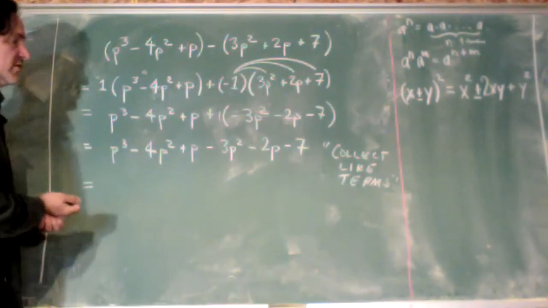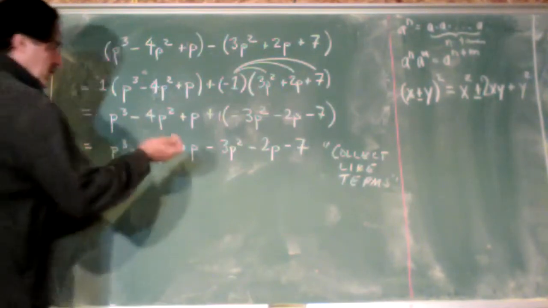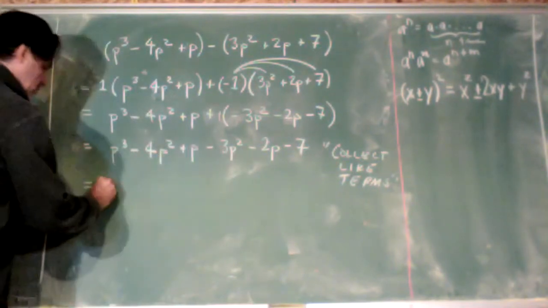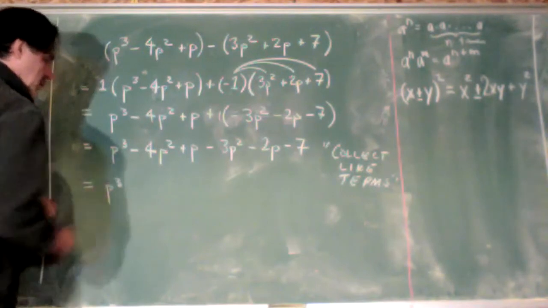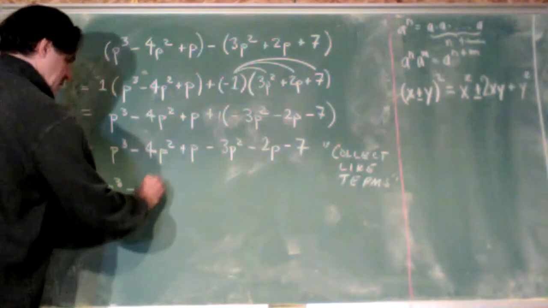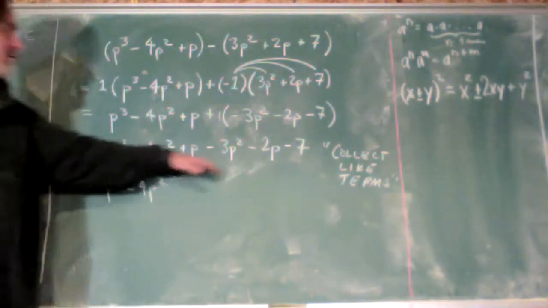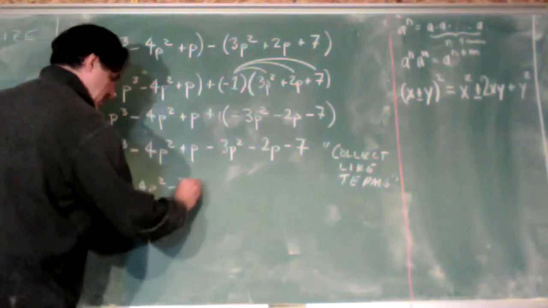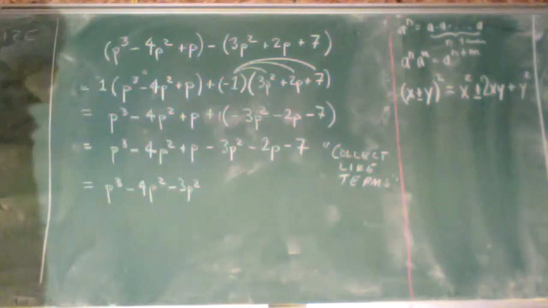Let's collect our terms according to the degree of the term. We only have 1p cubed. I'll leave that there. Then we have, I'm just rearranging now, a minus 4p squared and a minus 3p squared, so I'll bring those together.